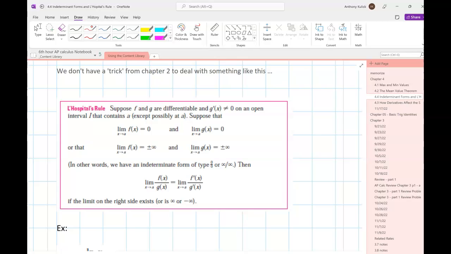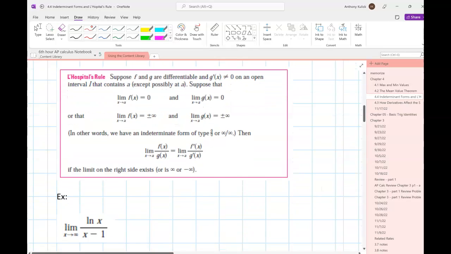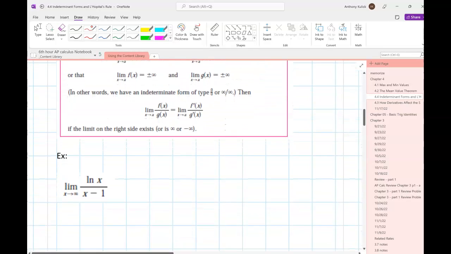So let's see this in action. Let's circle back to this guy that we couldn't do anything with. The notation I'm going to use when I do L'Hopital's rule is to write an H over the equal sign to show that I'm taking the derivative here, just so it's a little easier for everybody to follow.